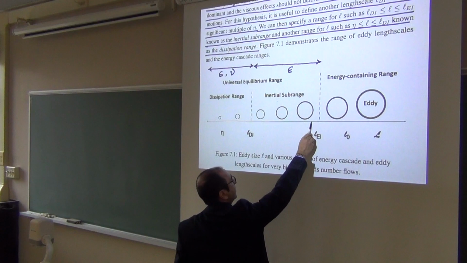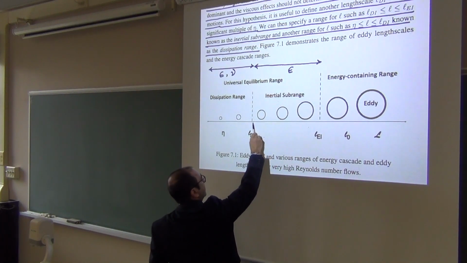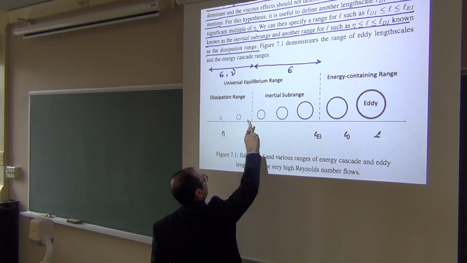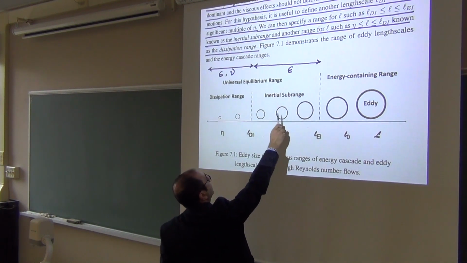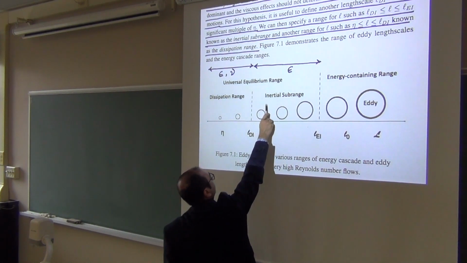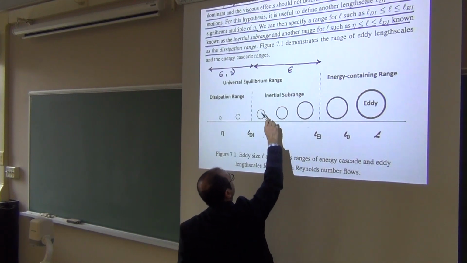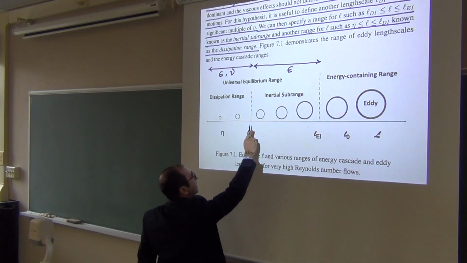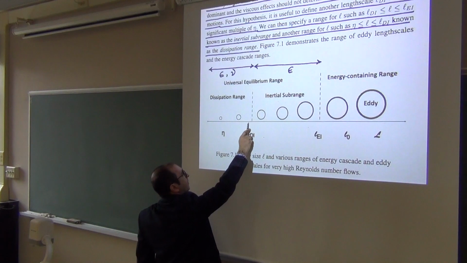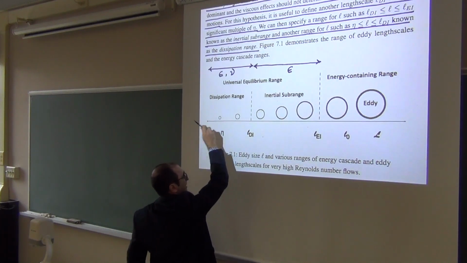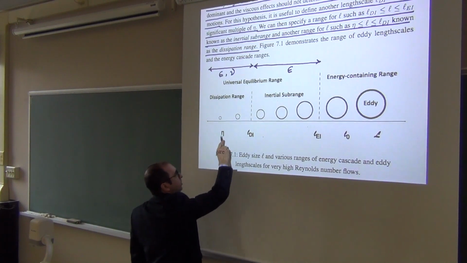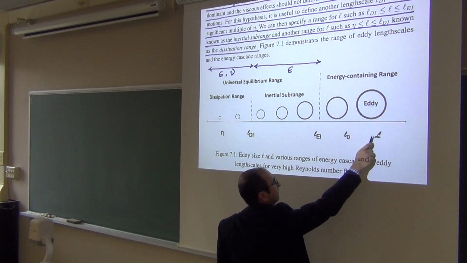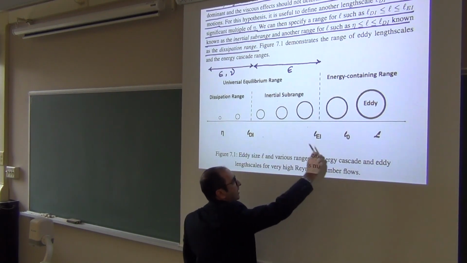Then from 20 meters all the way to, let's say, 5 centimeters, in that range, all the fluctuations are described by the dissipation rate. That's the inertial subrange. And then from 5 centimeters all the way down to a millimeter, for example, is the dissipation range. So turbulent motion fits in nicely within these length scales.